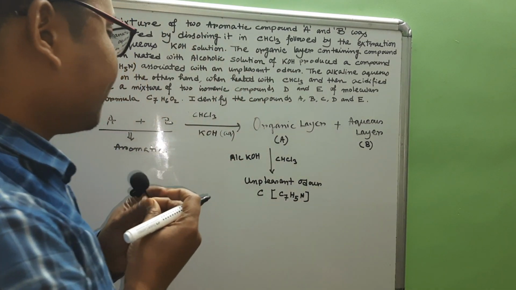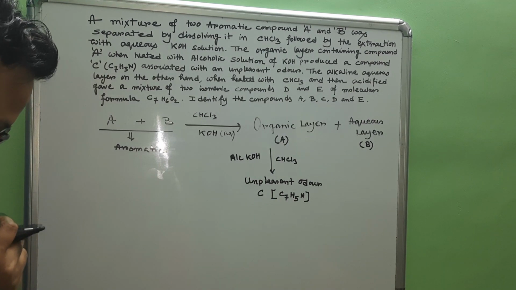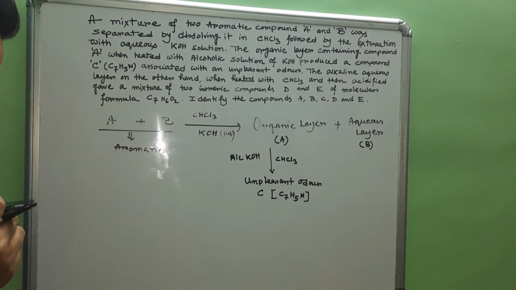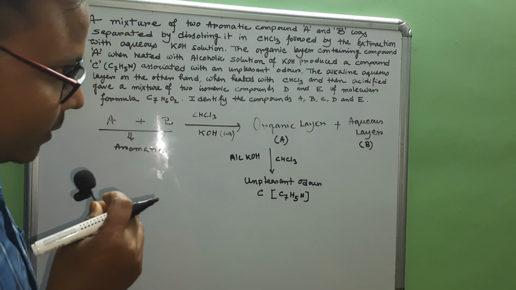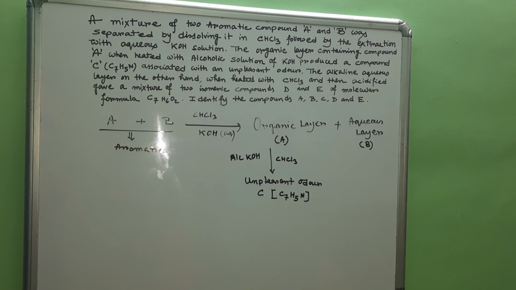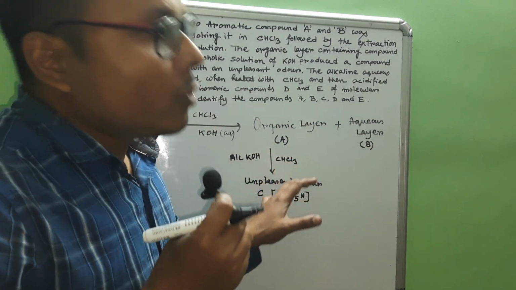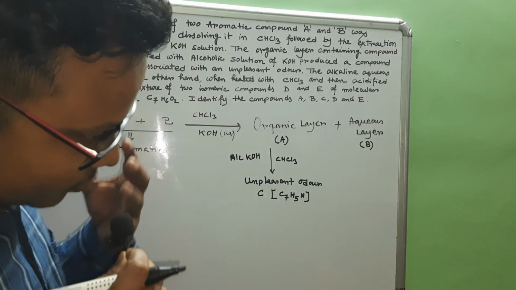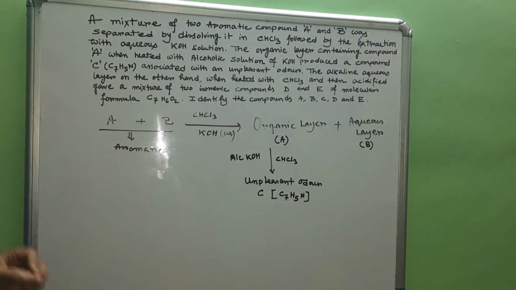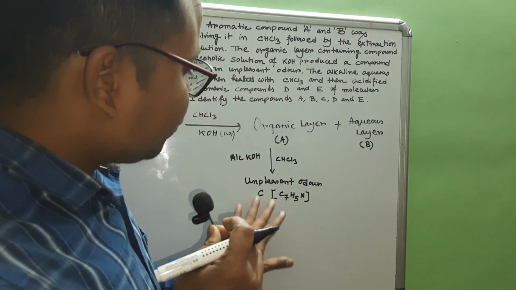We have learned in our previous class that this is a specific example of a named reaction. This is the carbylamine reaction. In the carbylamine reaction, an amine is treated with alcoholic KOH and chloroform, which gives an isocyanide, which has the unpleasant odor. So C basically will be an isocyanide.